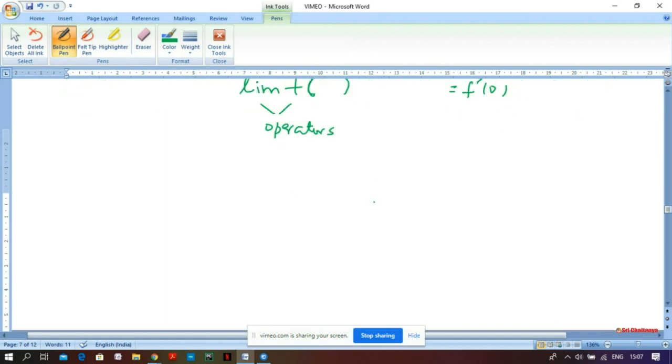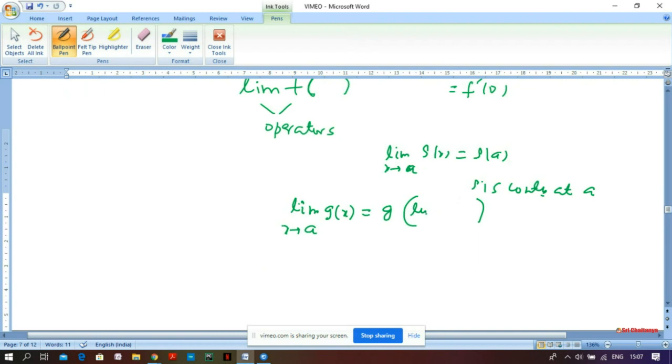Actually, that's the definition. If you remember, the limit of x tends to a of g of x, if this is g of a, then we call g continuous at a. Can't I write it in suggestive language: the limit x tends to a of g of x, if I write g of, watch out, g of limit x tends to a of x, what has happened? The operation of limit x tends to a and g, these two operations have just commuted because g is given to be continuous.